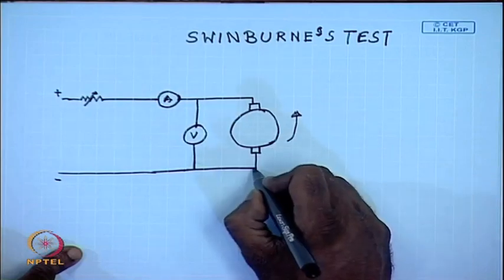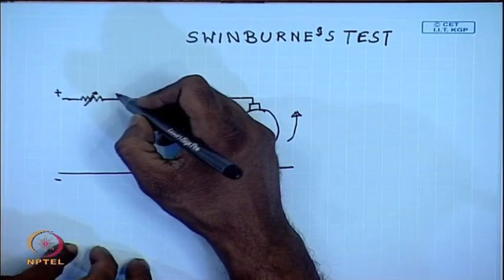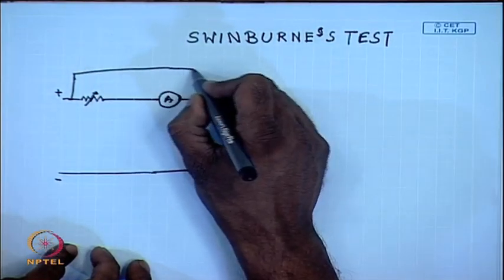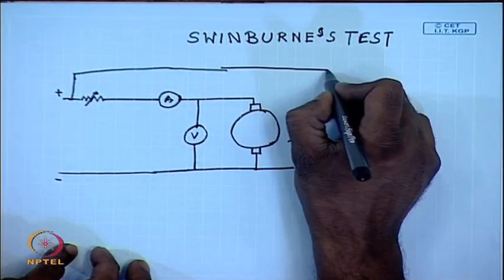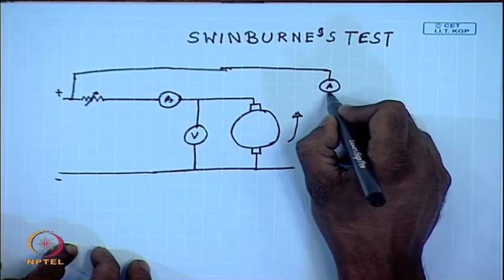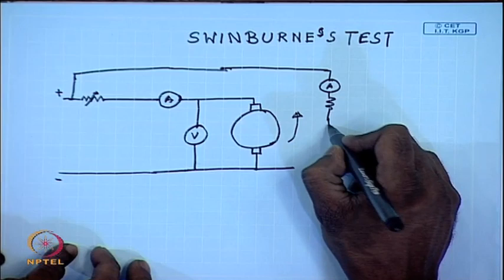And then the field is also supplied through an ammeter and an adjustable field resistance.